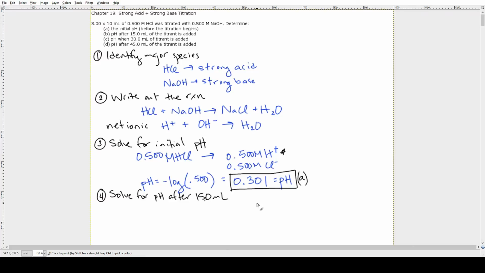Oops, that should be a period there, 15 milliliters of our titrant, so the thing that we are adding with the burette, NaOH. Okay, so then first, well, we are mixing together two different volumes, which means we need to do a dilution.